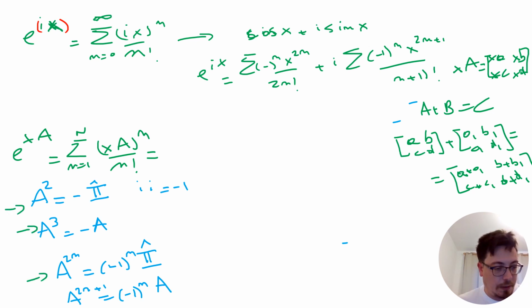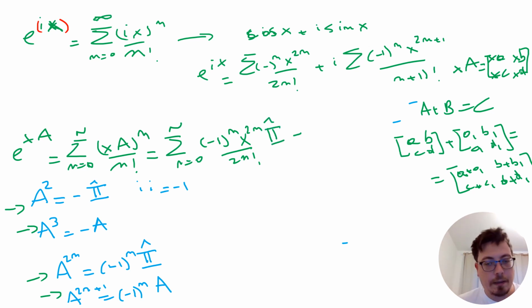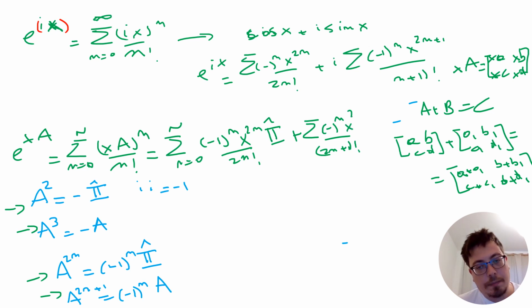So we have the sum over n from 0 to infinity of (-1)^n x^(2n) divided by (2n) factorial times the identity, plus the other bit, which is the sum. There is no i this time. There is always this odd coefficient and x^(2n+1), but this time there is an A, not an i.